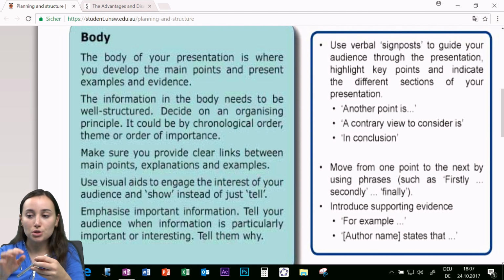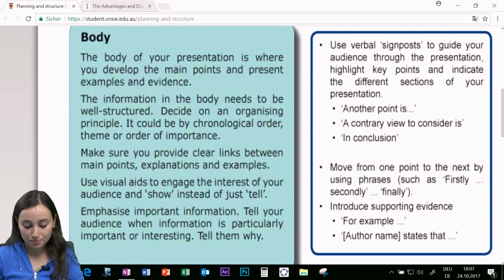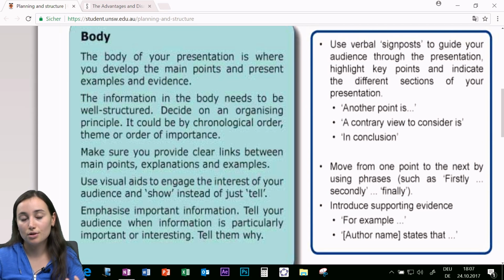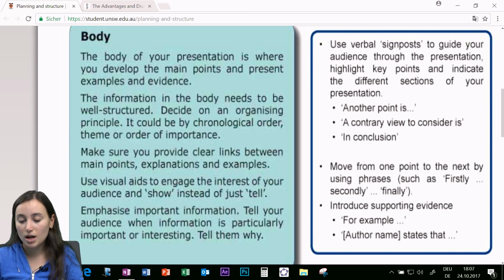And you should provide some examples, as I already mentioned before, but try to stick to the general things you want to say, or to your general arguments. And as we can see on the right hand side, you should use verbal signposts to guide your audience through the presentation.